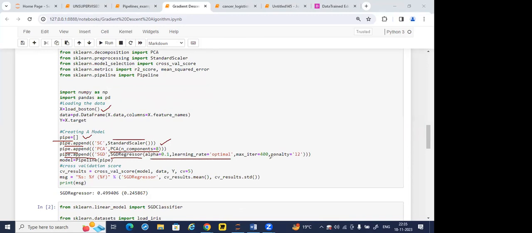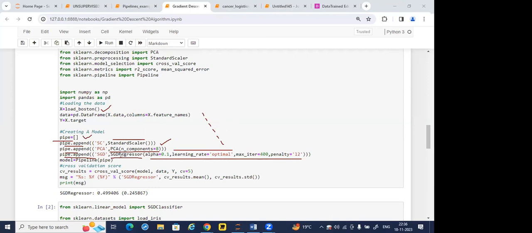These are certain predefined parameters: alpha, learning rate, maximum iterations, penalty. This is the gradient which will try to reduce the error to the lowest values. The learning rate is optimal, and this iterative method will continue till the errors are least.